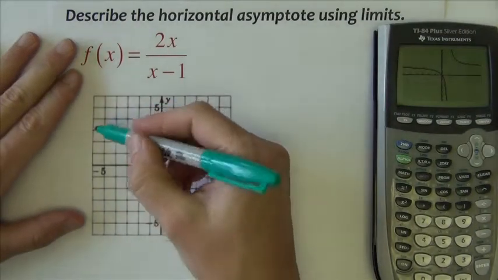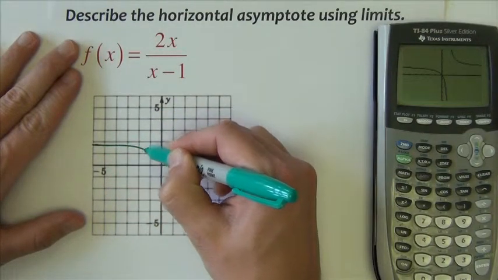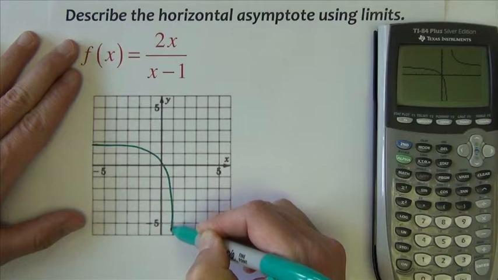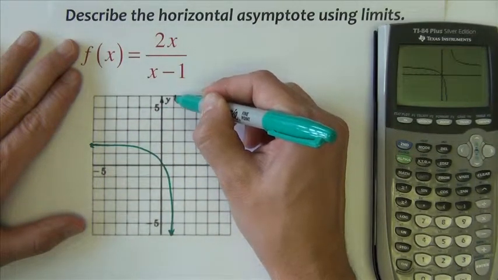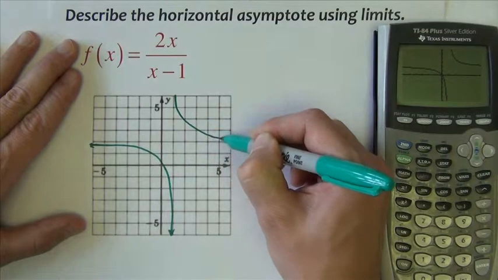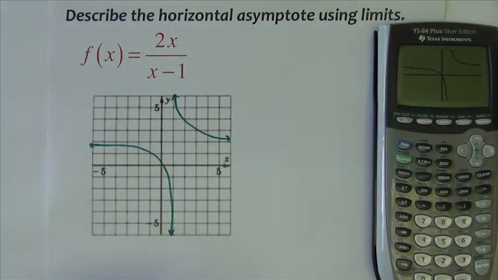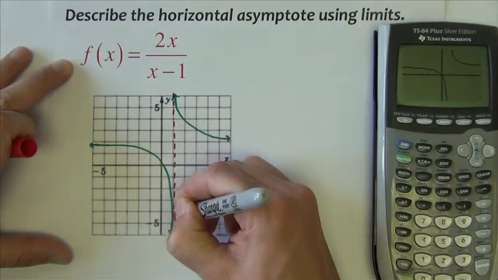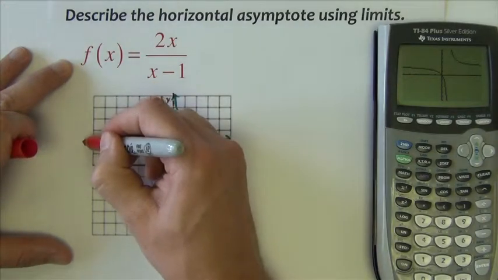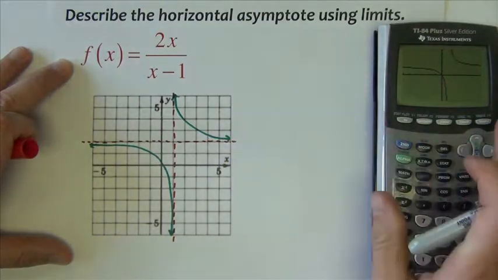Kind of looks like this. Okay, this particular graph has asymptotes. Right here is the vertical. Again, we're not really interested in that in this lesson. And there's the horizontal.